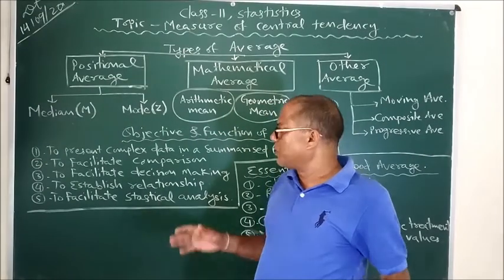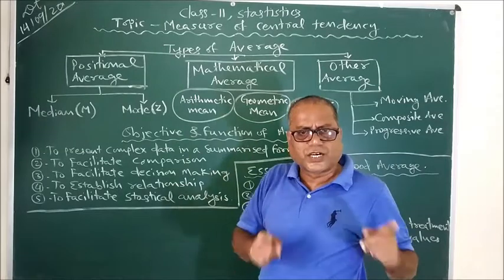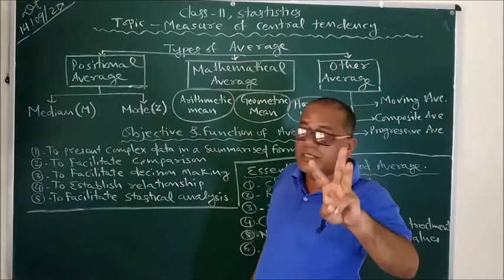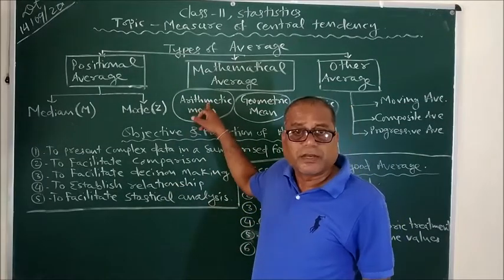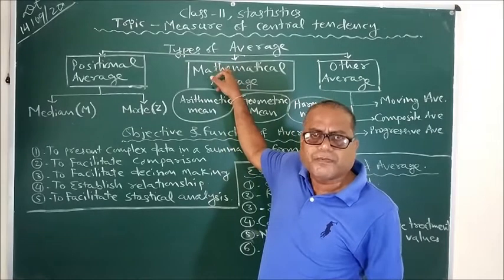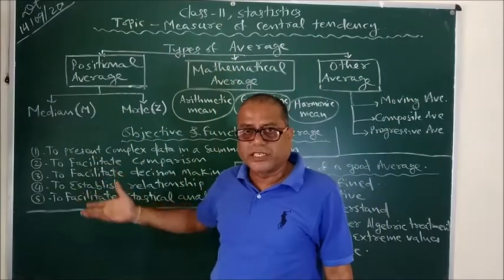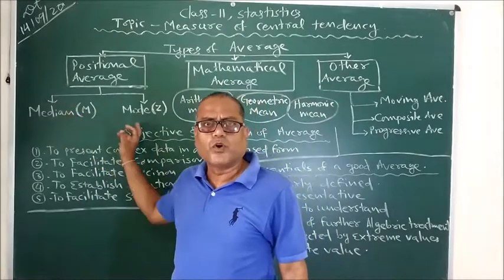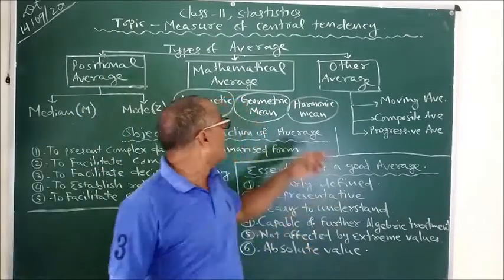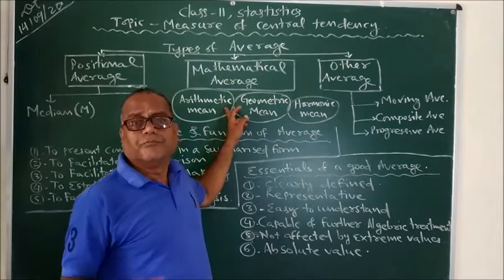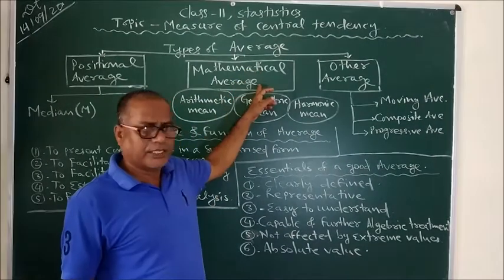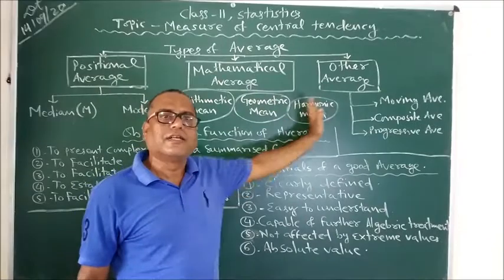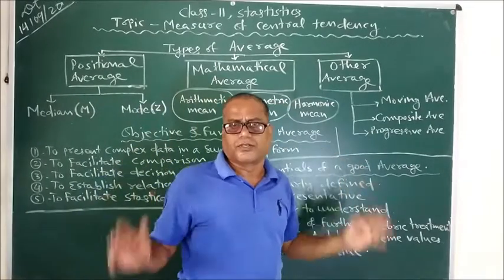It doesn't matter, but we are going to discuss in statistics only three averages: arithmetic mean, which has a mathematical property, and median and mode. Median and mode being positional averages, and arithmetic mean being the mathematical average. And the remaining averages are out of our syllabus.